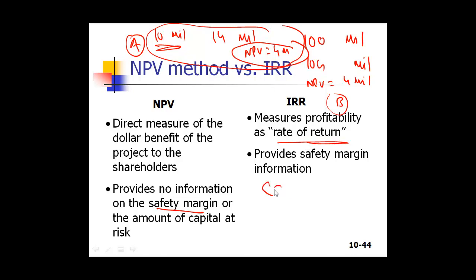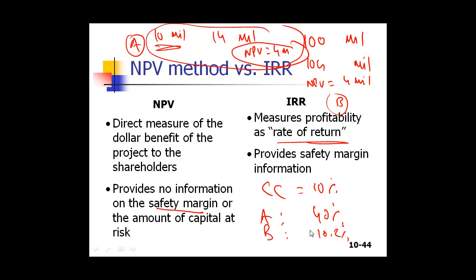So if your cost of capital is 10% and in project A your IRR is 40%, whereas in B your IRR is 10.2%, can you just look at these two projects and say that, okay, my profitability is much more with A and my safety margin is much more with A? All right. So all I'm saying is that the IRR metric gives us a sense for the safety margin. So if I have cost of capital is 10 and project A has an IRR of 40%, project B has an IRR of 10.2%, given the IRR rule, would you do both?